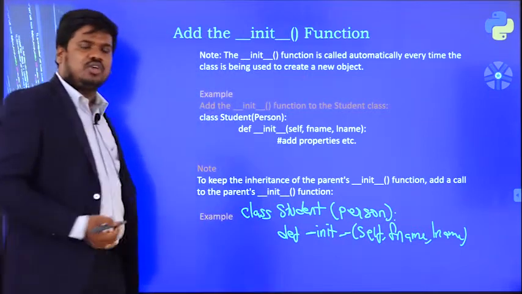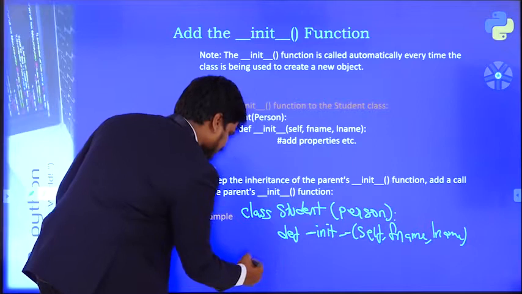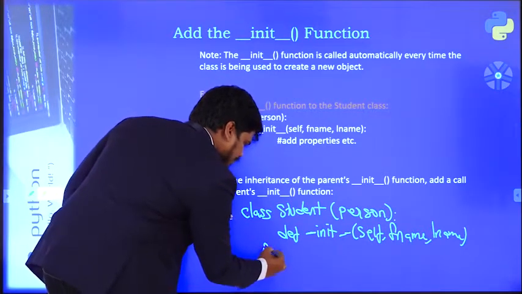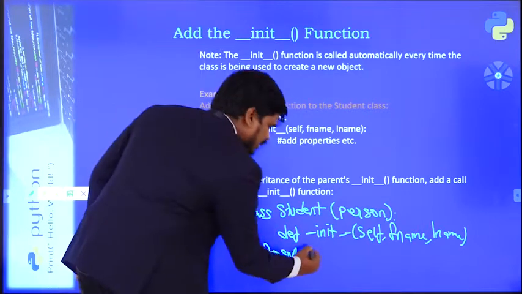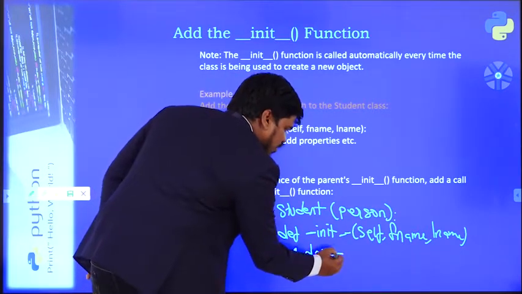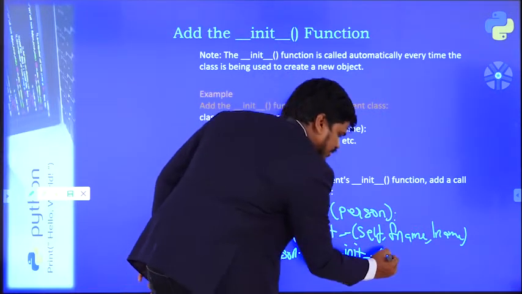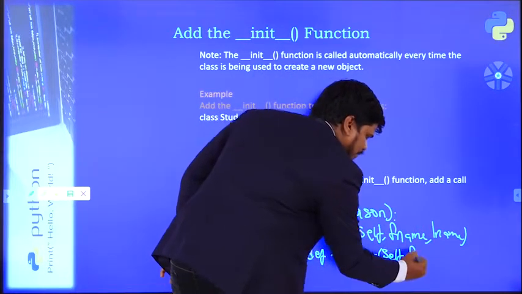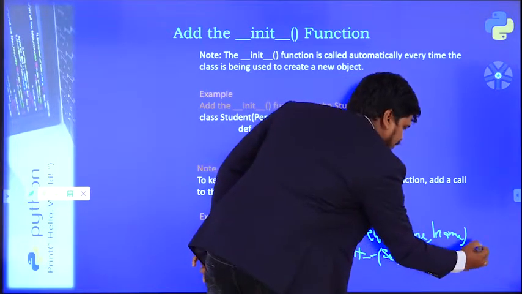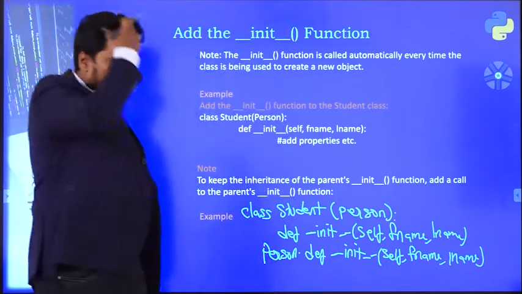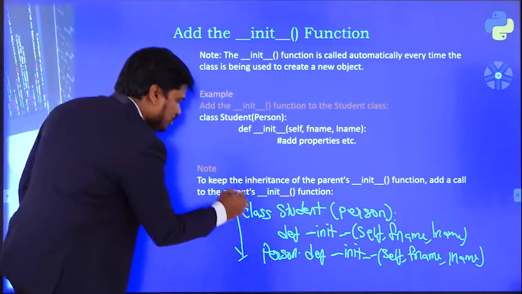And if you are interested in calling the parent class init method, then here I have to use Person dot __init__, that is self, first name, last name. So this is one of the procedures for calling the parent class init method. This is the way we have to write it.